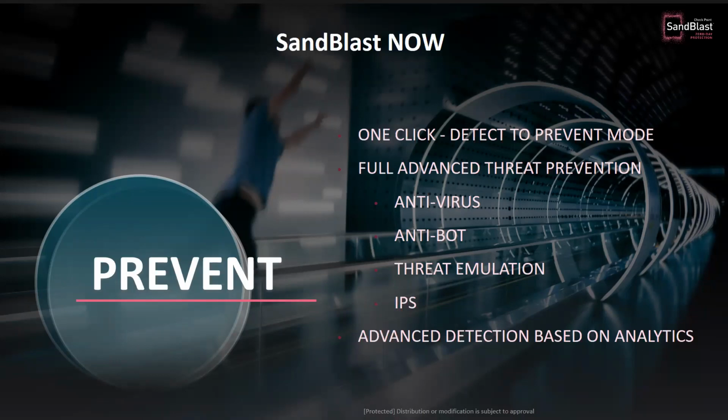And we noticed that there was an RDP session originating from Russia that was hitting my box. And I did have an inline card in the appliance, so I was able to turn it from detect to prevent. And we were actively able to stop that threat. We notified the partner, we notified the customer.